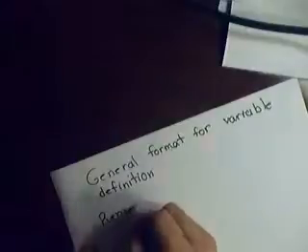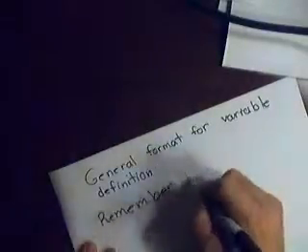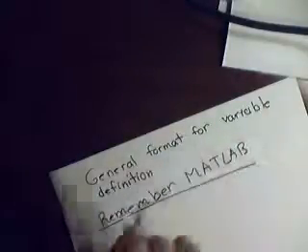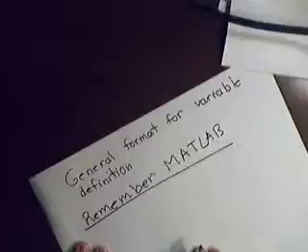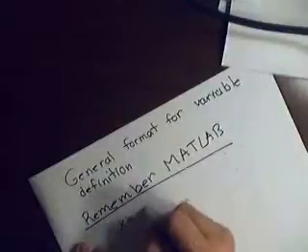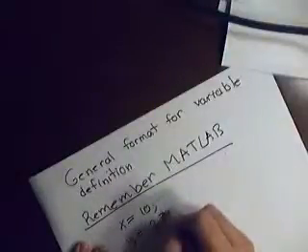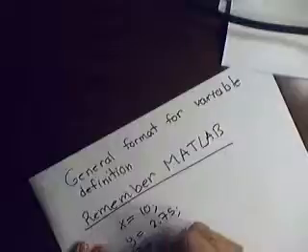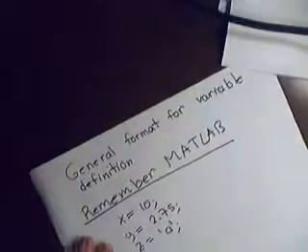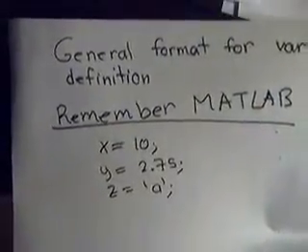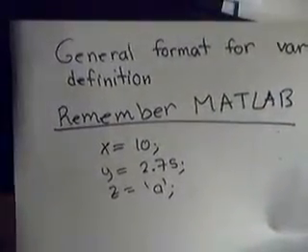Let's remind ourselves. In MATLAB, we just say x is equal to 10, and that's it. y is equal to 2.75, z is equal to 8, and that was it. That's the way we created variables in MATLAB. So how do we create variables in C?